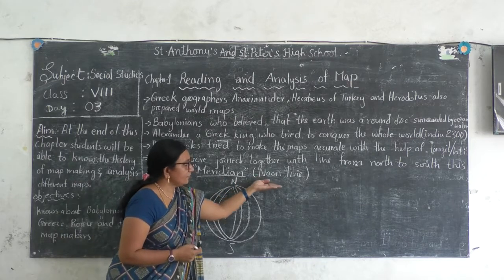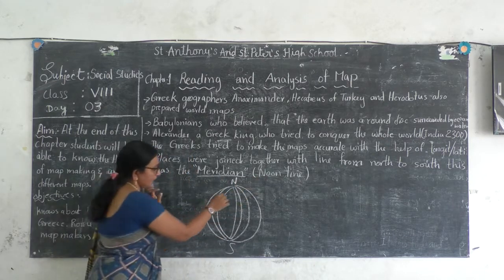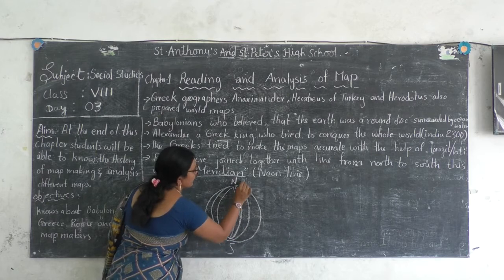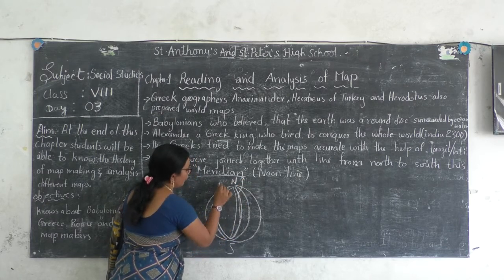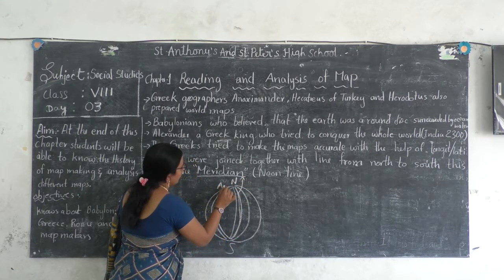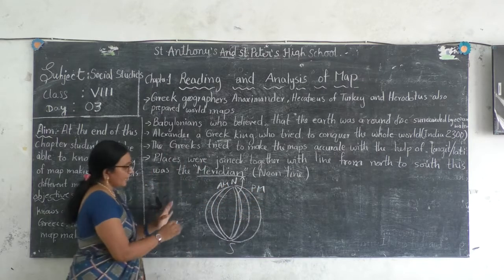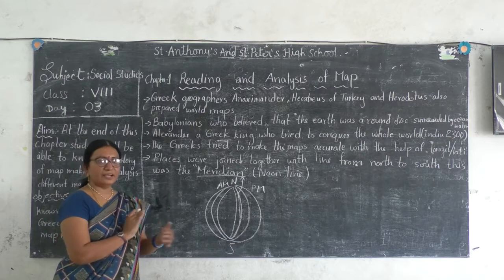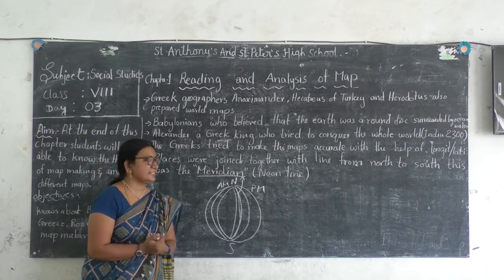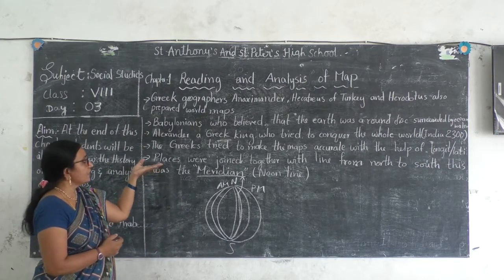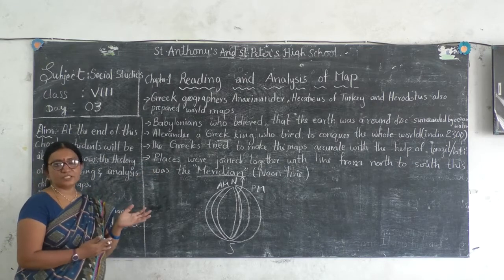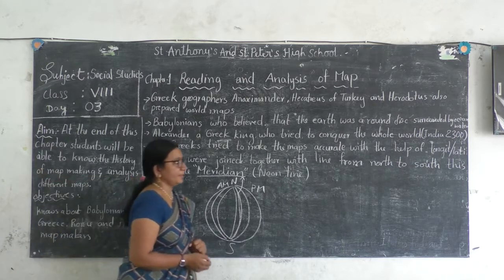So we can observe the noon line. For example, this is the meridian, and before this is known as AM and after as PM. With the help of this, identifying time became very easy, and this was done by the Greek people, but it was first introduced by Aryabhatta.